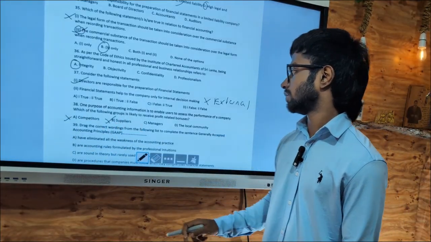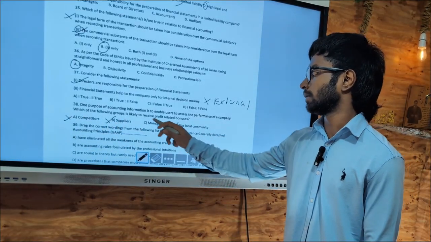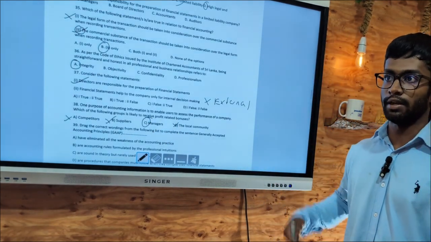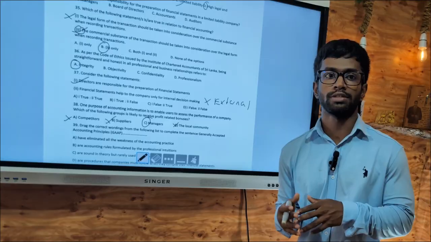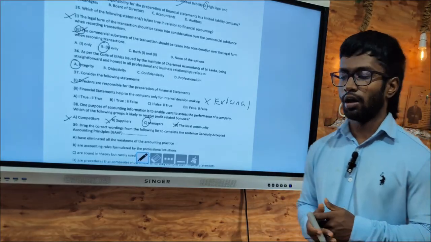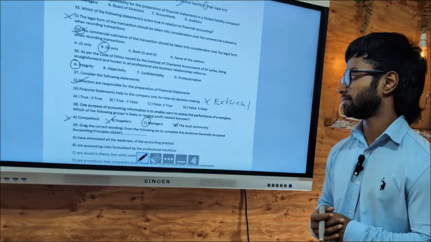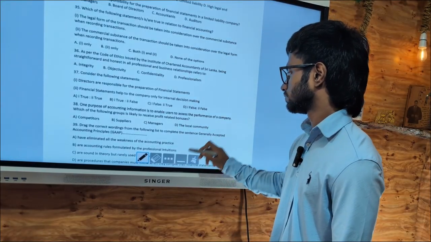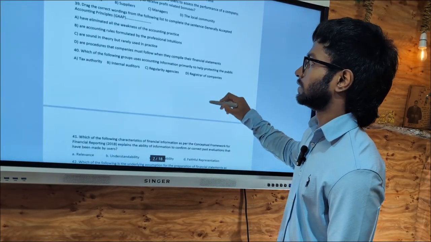Suppliers also won't get. Community also won't get, but managers will get a bonus. If the company has done really well, the company might pay out bonuses to your managers or employees, whoever. Then we can move on to the next set of questions that we have.